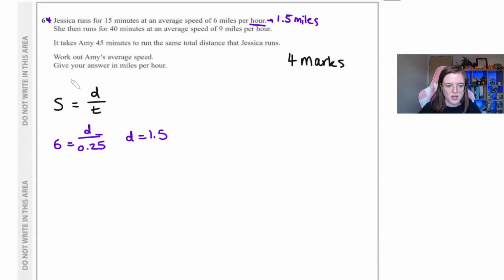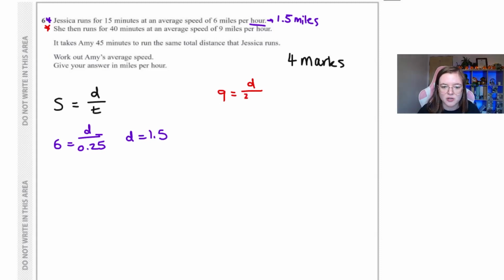And there we go. Next section then, if I use red, because why not? She then runs for 40 minutes at an average speed of 9 miles per hour. Let's do the same thing. So she runs 9 miles per hour. We don't know the distance, but the time is 40 minutes divided by 60 to get into hours. So 40 divided by 60, that's 2/3.